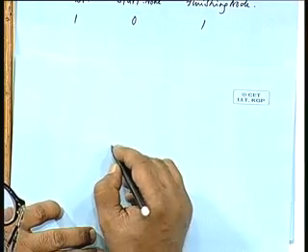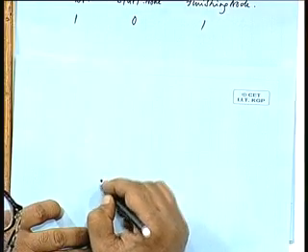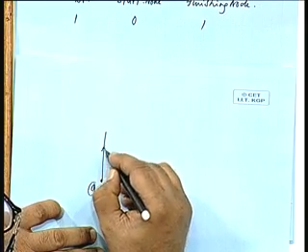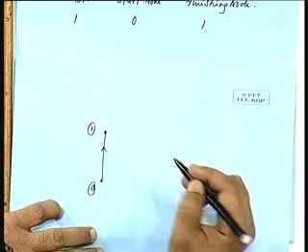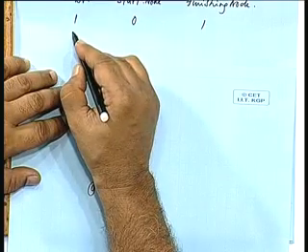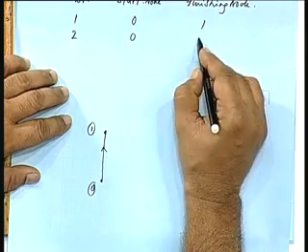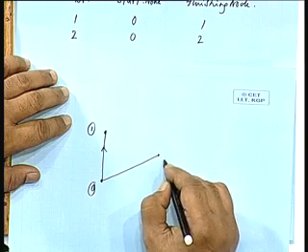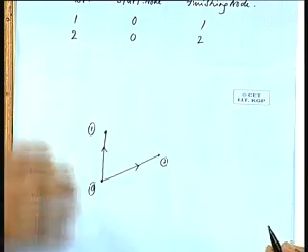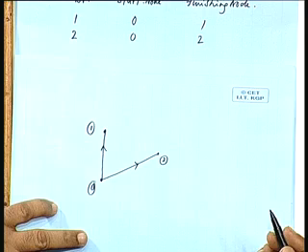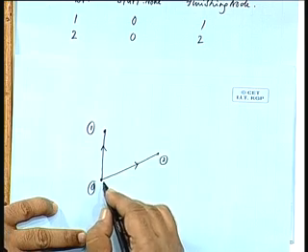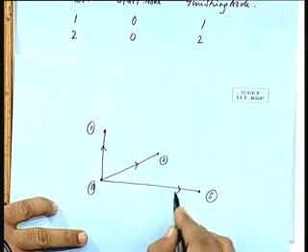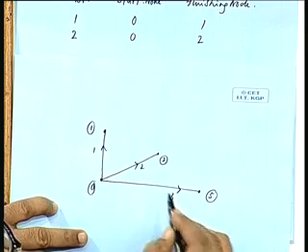So, branch number 1, let us take this as the starting node 0 to 1. So, put the arrow to the finishing node. Then branch number 2 is between 0 and 2, so let us say this is node 2, direction is like this. Then third one is 0 and 5. So, let us take 0 and 5, this is the third node, 1, 2, 3.